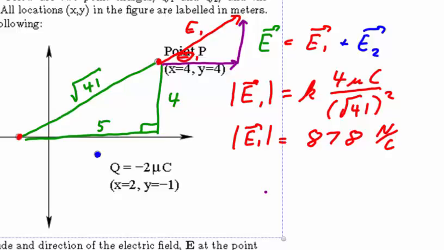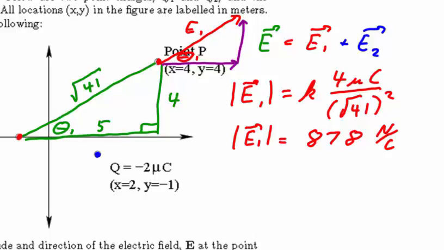You can see, based upon similar triangles, that the angle theta 1 also appears in the green triangle. At this point, you might be tempted to use an inverse tangent, an inverse sine, or an inverse cosine to find theta 1. I'm going to go a slightly different path. At the end of the day, what I would really like to know is what value does the cosine of theta 1 take, and what value does the sine of theta 1 take.